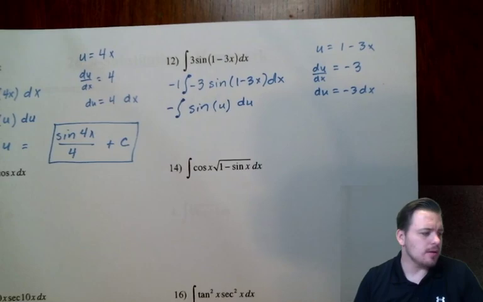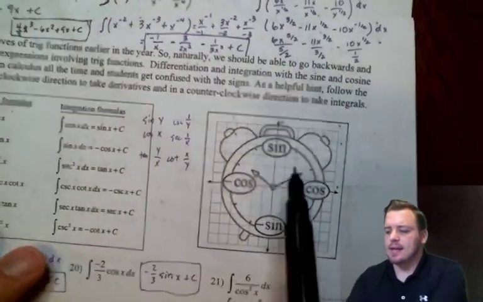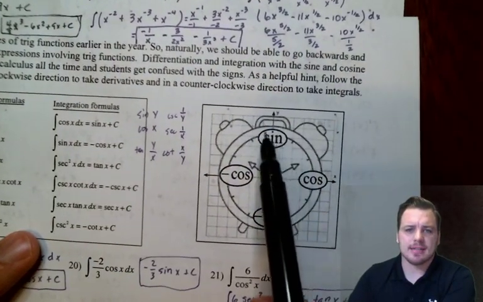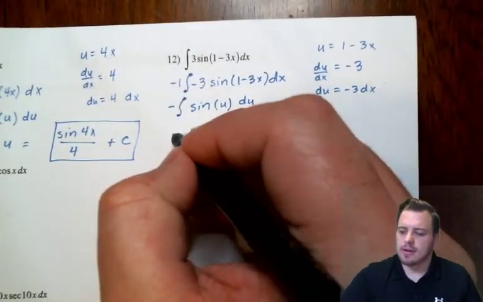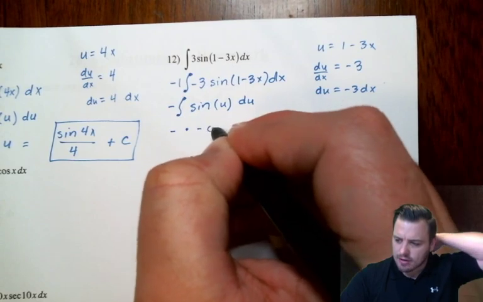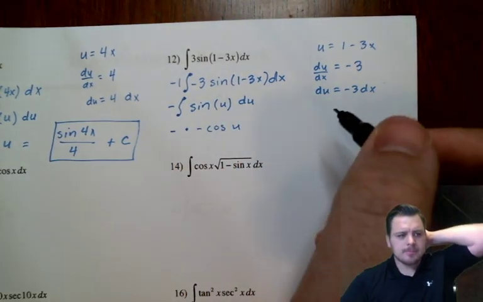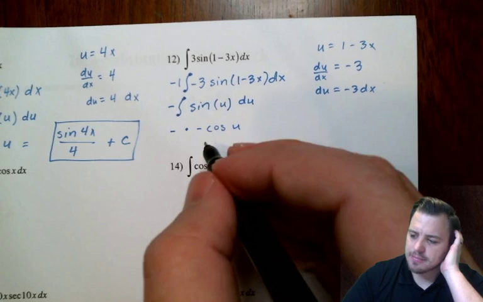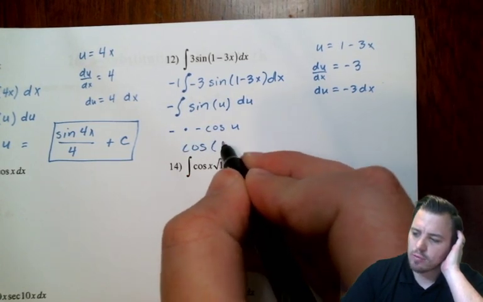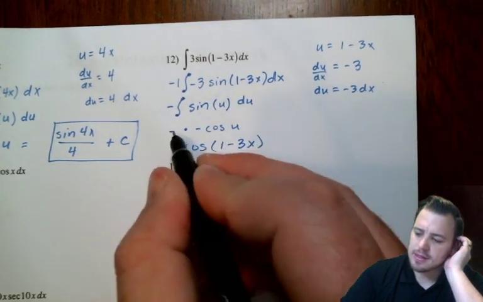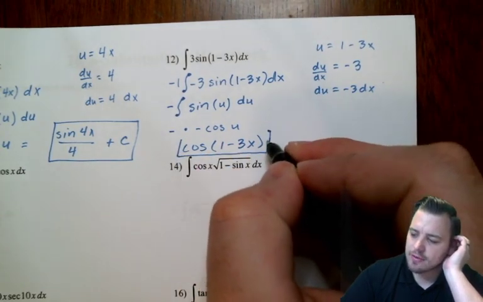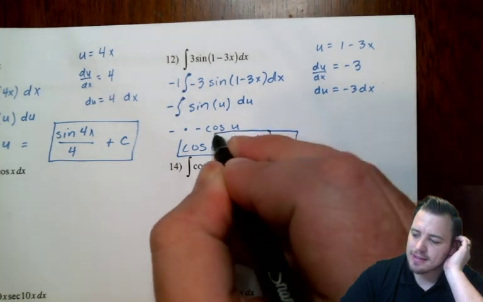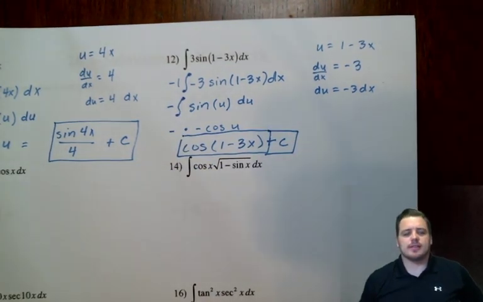Then from there, we're at sine, and we need to go antiderivative, so go counterclockwise, so negative cosine. So negative times the negative cosine of u, and that should take us to positive cosine of 1 minus 3x. Negative times the negative is a positive, and then just substitute our u back in. And don't forget about plus c. Always plus c.